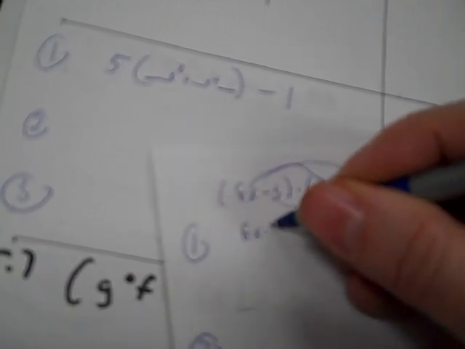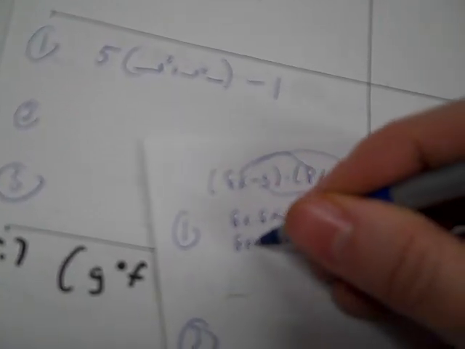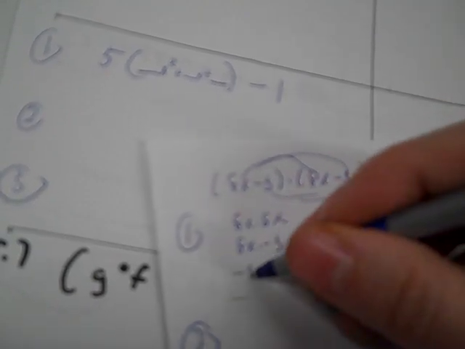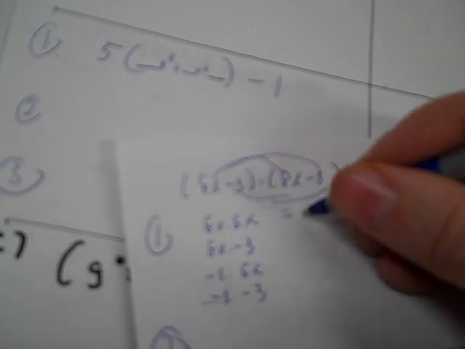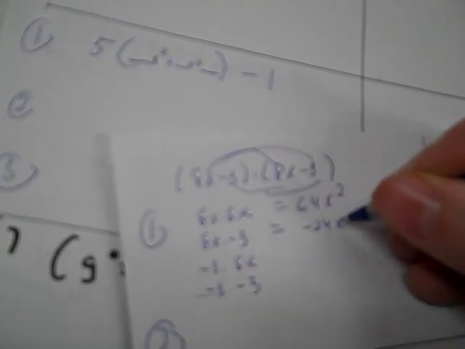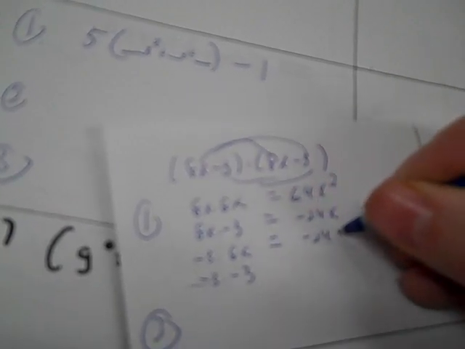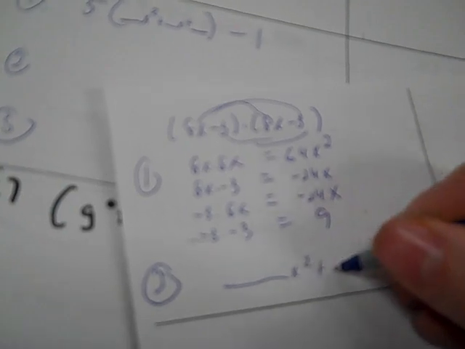So 8x multiplied by 8x, and then multiplied by -3 by 8x. So that's 64x to the second power, -24x, -24x, and 9. So what do I have?